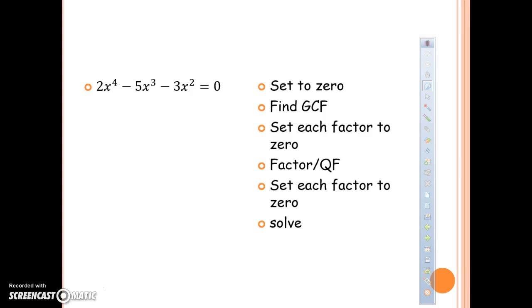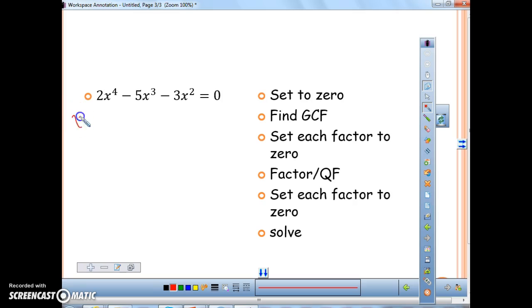So Brandon, if we pull out the x squared, oh, where's my pen? What would be the first term in the parentheses? Oh, you're asking me? I am. Think about it. Okay, x squared times what gives me 2x to the 4?